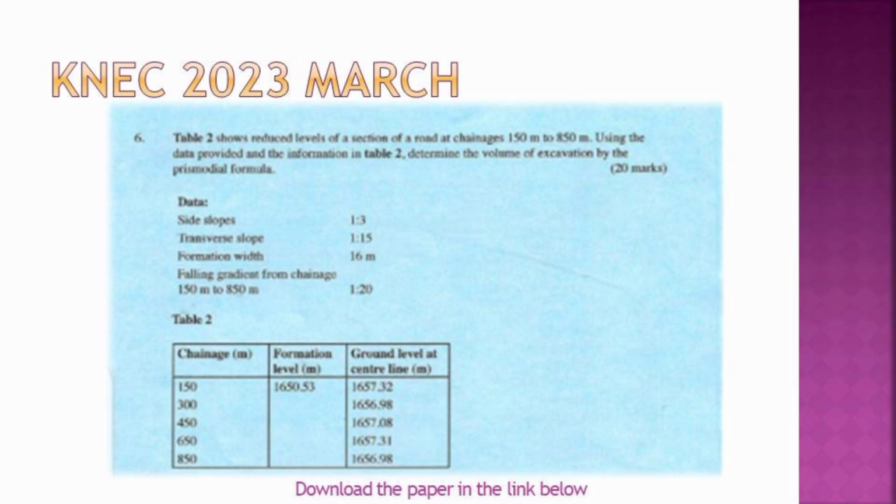Having read that question, we see what we can do and the possible solutions, because here we are only told to determine the volume of excavation by prismoidal formula. Nothing else is given, but in the data we have the formational width and the side slope, so we need to calculate the area.